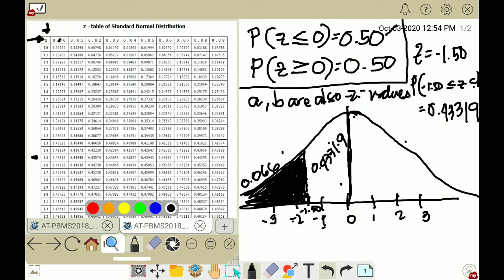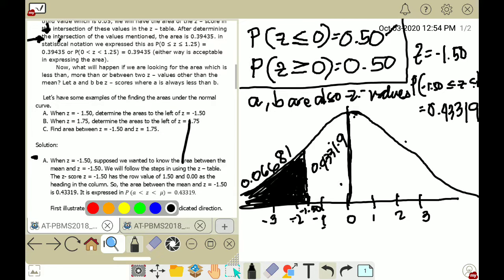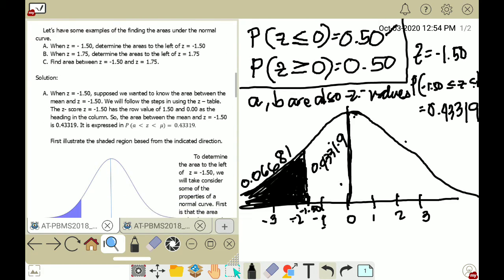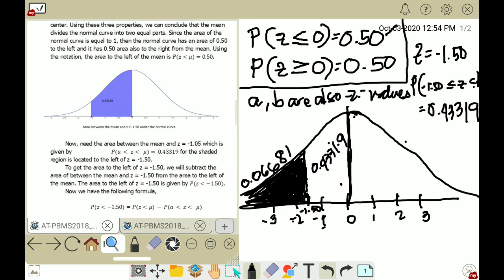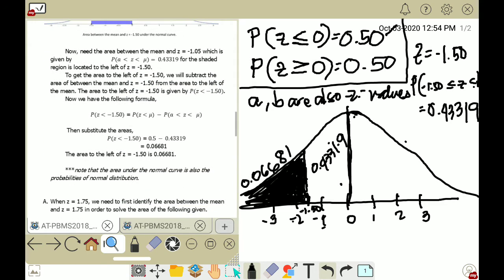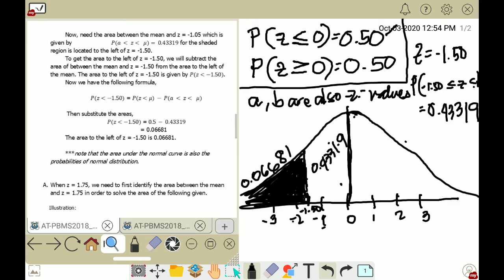This indicates the area of Z to the left of negative 1.5.